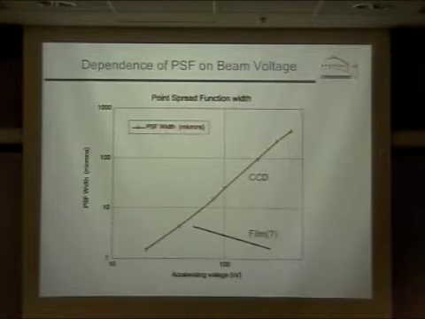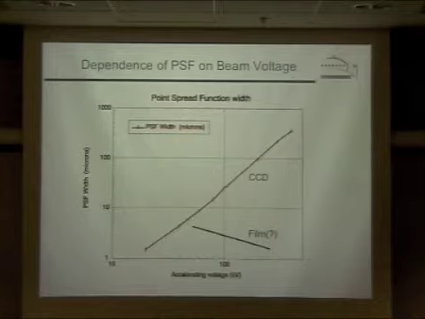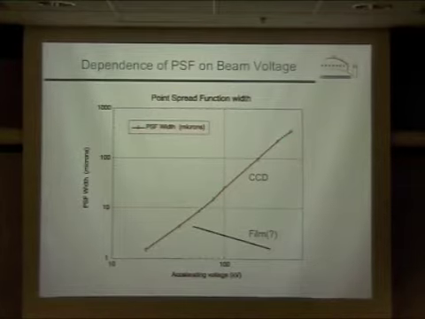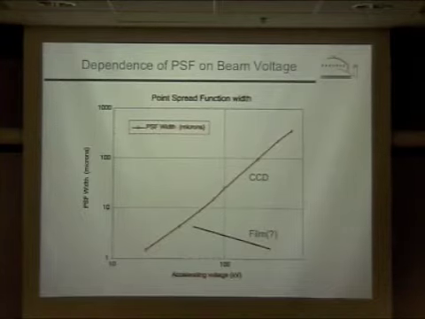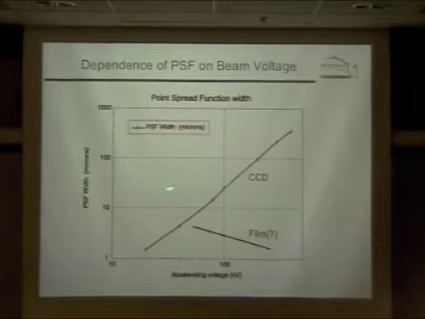So anyway, from those Monte Carlo simulations, I came up with a graph of the approximate point spread function as a function of the accelerating voltage of the microscope. So this is the size of the cloud of light that's produced by a bunch of electrons. At 100 kV, we're around 20 micron diameter.